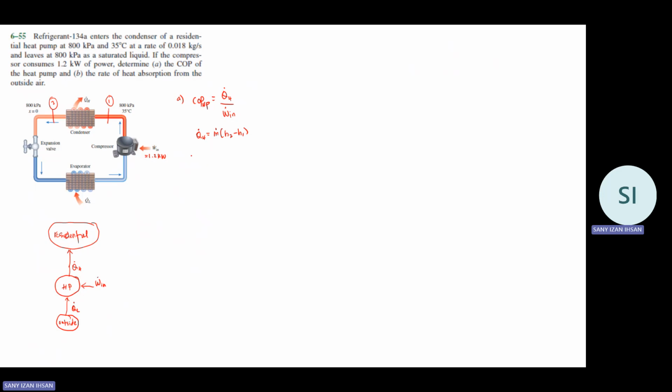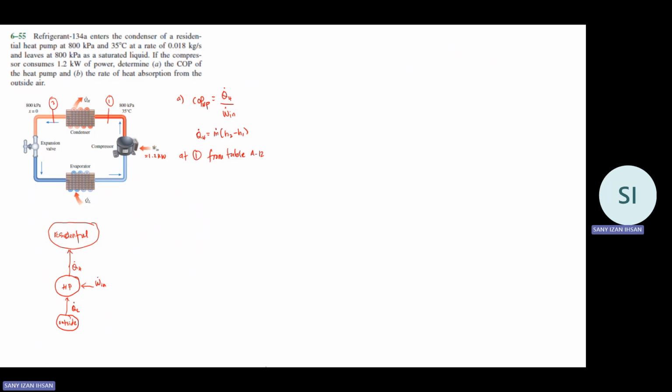All right, so let's go to the table. This is refrigerant 134A, so you need to use table A-12 and A-13. For state 1, from table A-12, let's check the saturated table first.